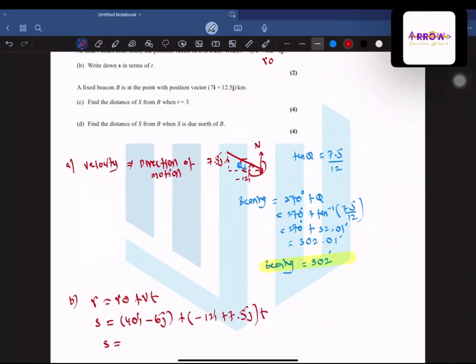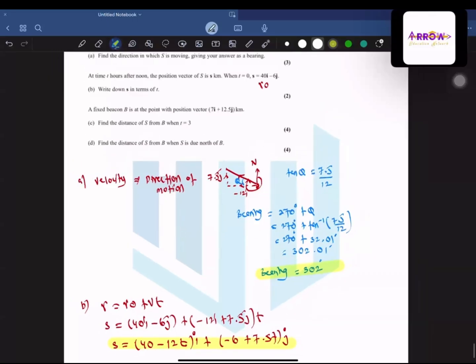I've discussed this in my earlier videos as well: taking i as common multiplied by 40 minus 12t, and then taking j as common multiplied by minus 6 plus 7.5t. This step is quite helpful for the further parts, so my usual way is to express the answer finally in this form.